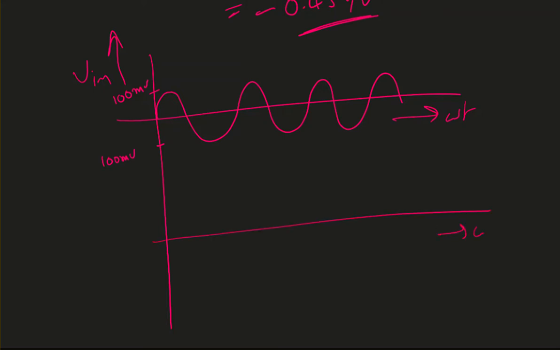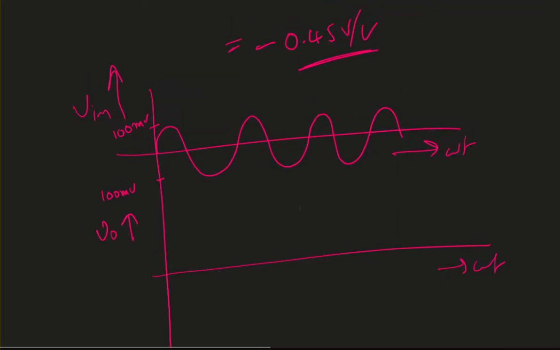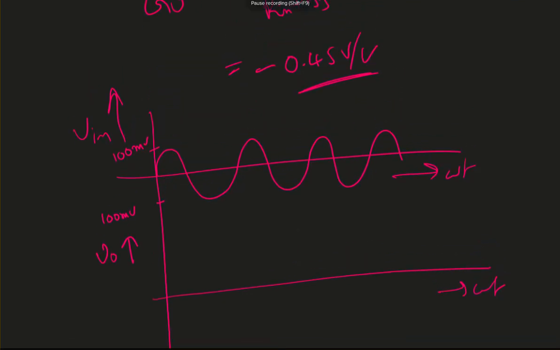Here is my omega t, and my output V naught with the overall gain is only minus 0.45. So it's only 45 millivolts, but in the opposite direction. That is 100 times 0.45, which is 45 millivolt.